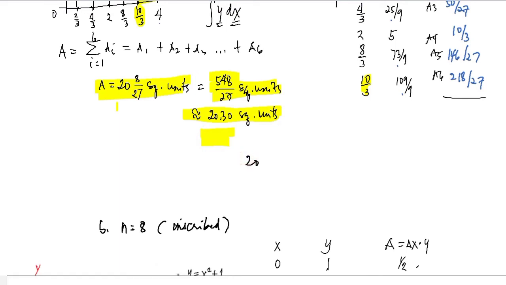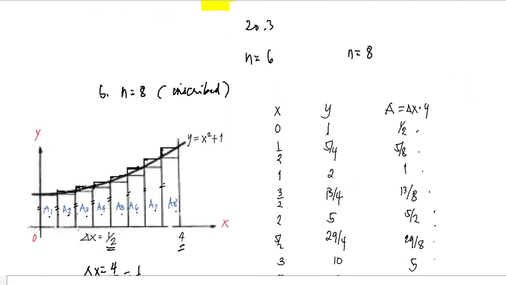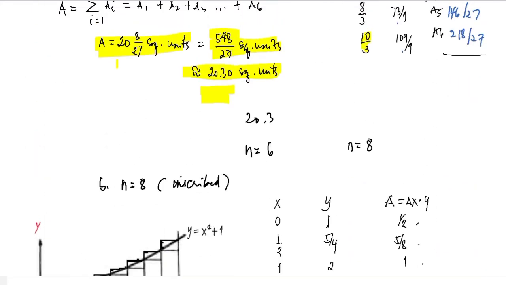Itong 20.3 ay para doon sa n is equal to 6. So, sa n is equal to 8, yung area na nakuha natin ay 21.5, no? See the difference? Malaki yung difference, no? Kapag dinamihan natin yung value ng n natin, lumiliit yung error natin at tayo ay pupunta doon sa tamang sagot natin, no?